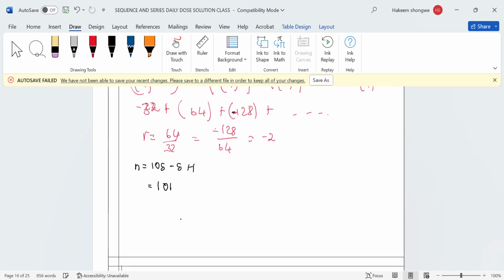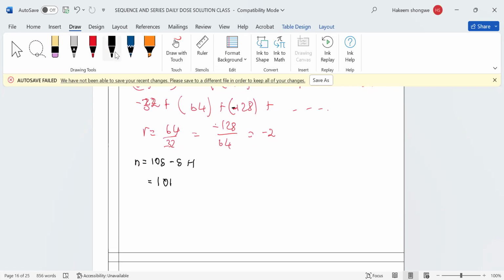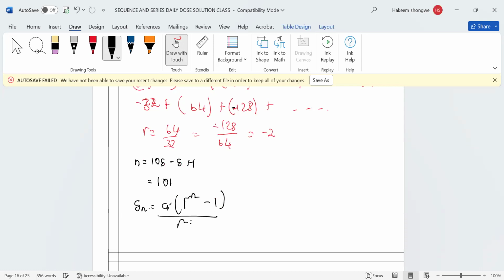And then it's a geometric series again. Since it's geometric, Sn is going to be given by A times R to the power of n minus 1, all over R minus 1.